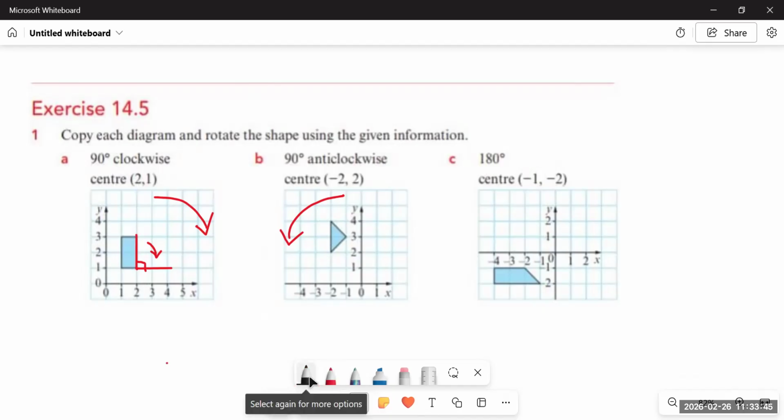Next, what we will do, like this. This would be the exact rotation. Okay. This is how we will rotate it.